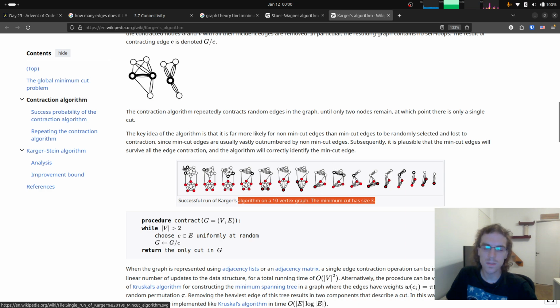But the idea is that the algorithm doesn't have to fall into one of the cut set edges. If it falls into one of those 3, you don't get the answer. But the chance of that is low.